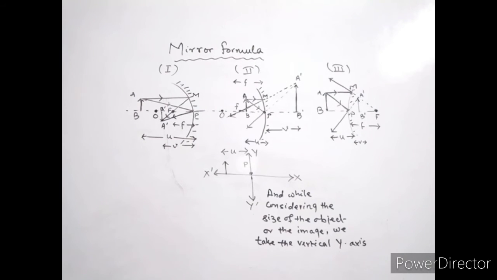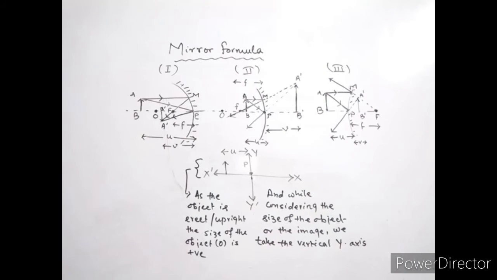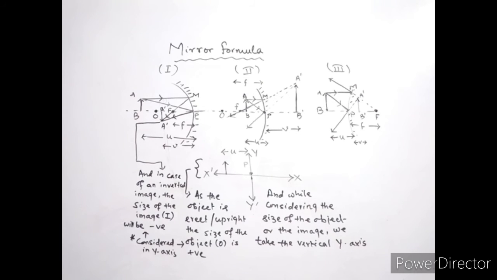While considering the size of the object or the image, we take the vertical y-axis. As you can see, the curly braces over there indicate that as the object is erect or upright, the size of the object is O and is taken as positive. In the first figure, you notice that the image obtained is an inverted one, so in this case the size of the image is I, but it will be taken as negative.